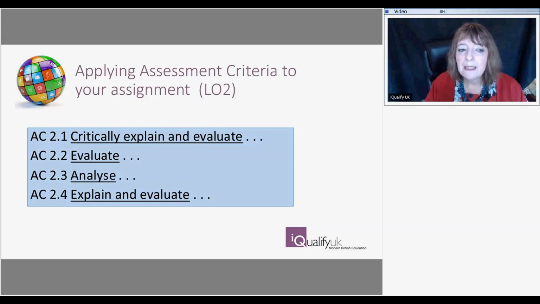But in learning outcome 2, we've already had critical review. So now critically explain and evaluate. 2.2 is evaluate. 2.3 is analyze. And 2.4 is explain and evaluate. Not quite the same as that and that, although they often turn out to be quite similar.